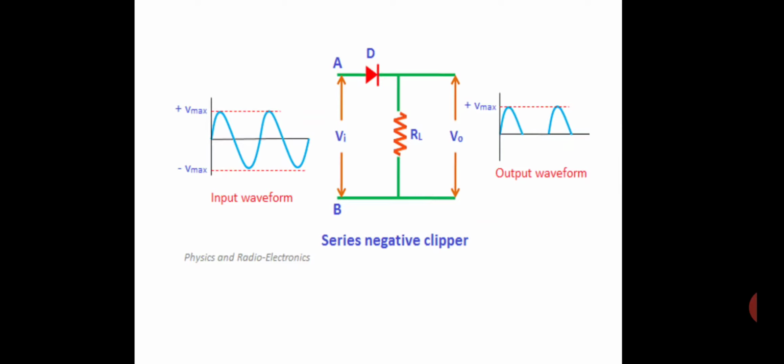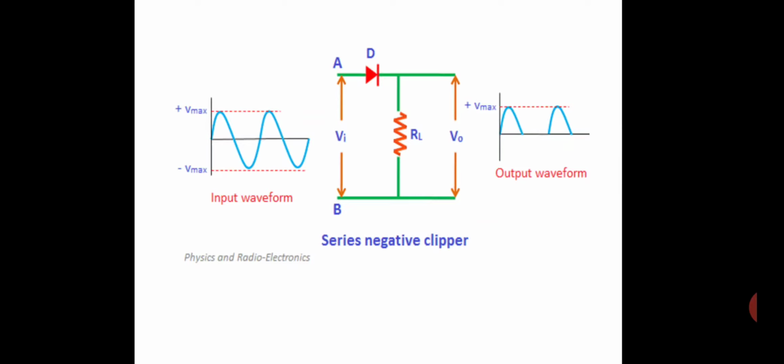When input is negative, A point is negative, diode point is positive, both are reverse. In reverse condition, the diode works as reverse biasing. In reverse biasing, the diode works as an open circuit.